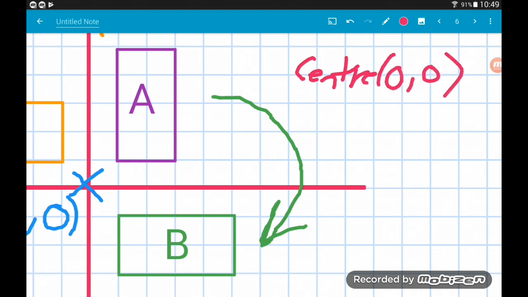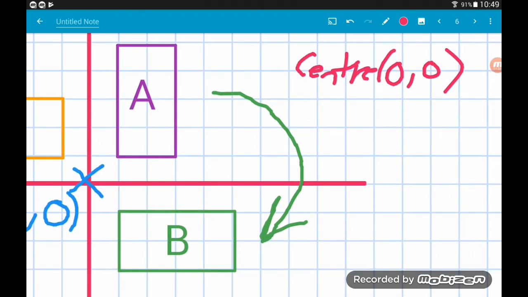Okay, so we can see the shape has gone from being in the top right quadrant to being in the bottom right quadrant, and it's also flipped from being on its short end to being on its long end. So this has been a rotation by 90 degrees, and then we also would need to say what direction it's gone in.